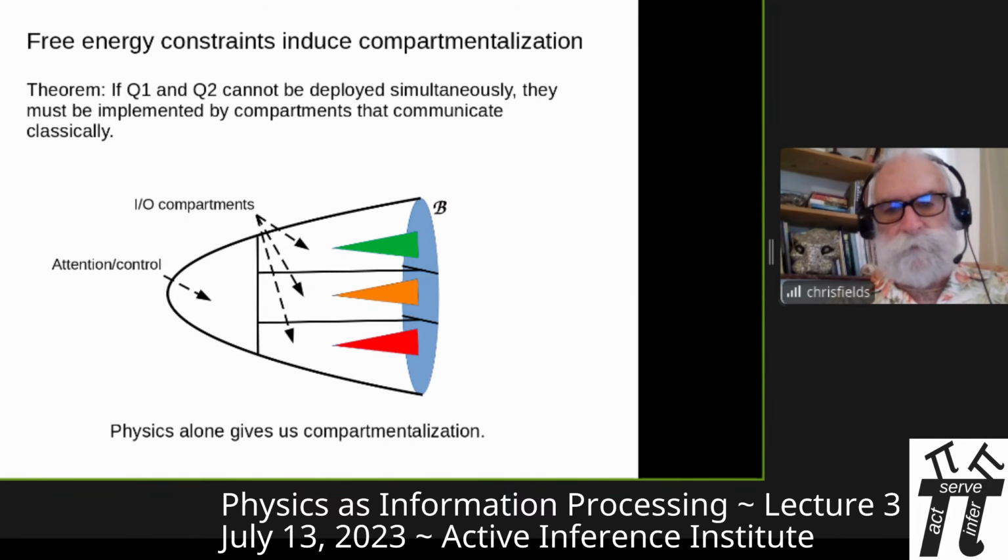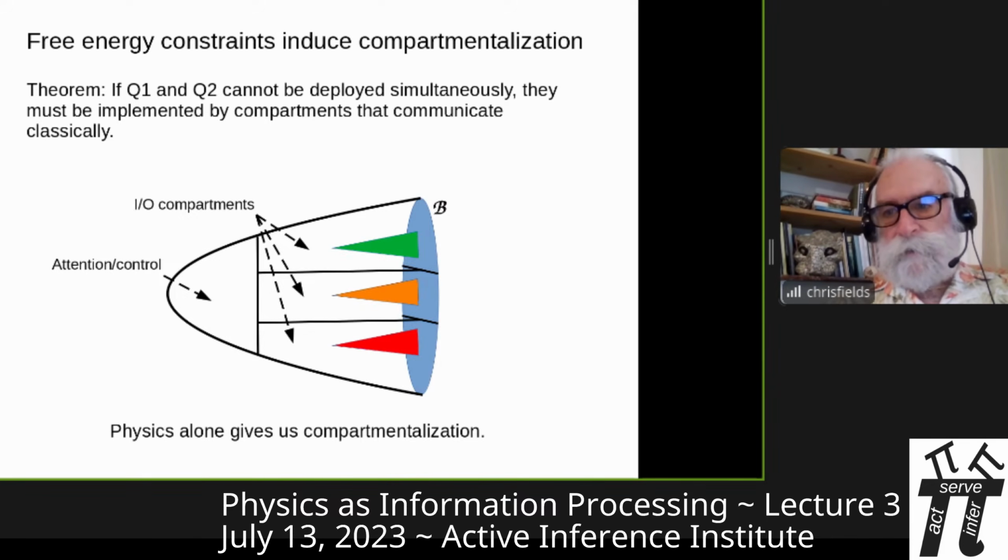So you end up looking like this diagram, where there are a bunch of components that do sensory motor loops or memory, one or the other, and they can only communicate classically, and they're controlled by some sort of attention system that selects which ones to activate depending on the amount of free energy that's available.